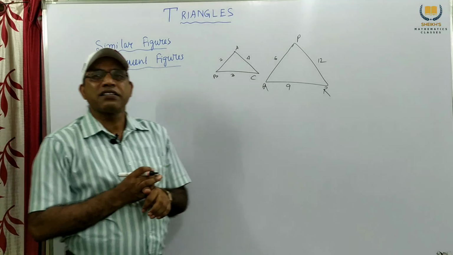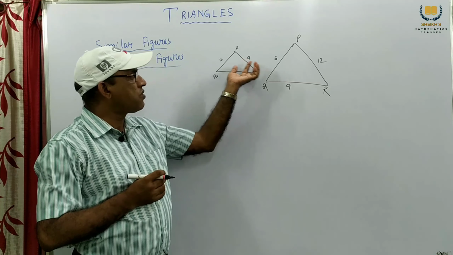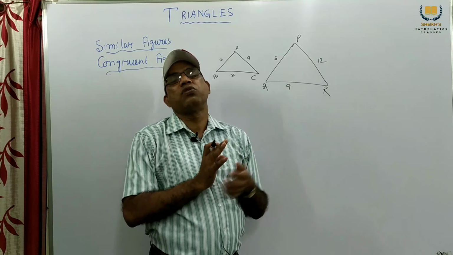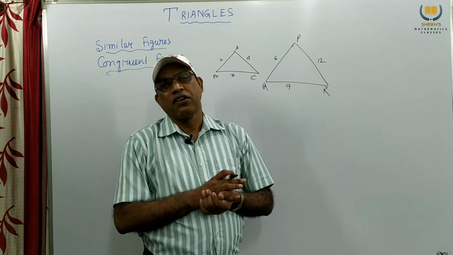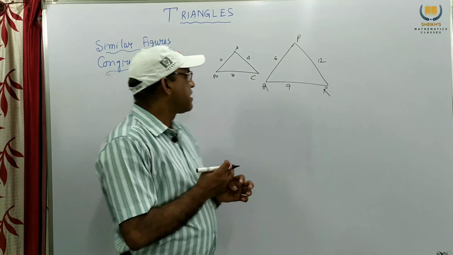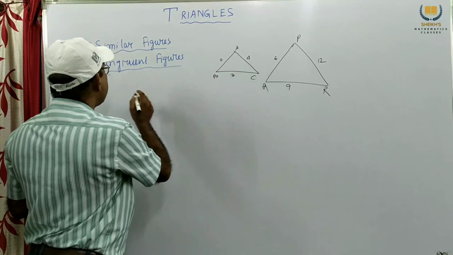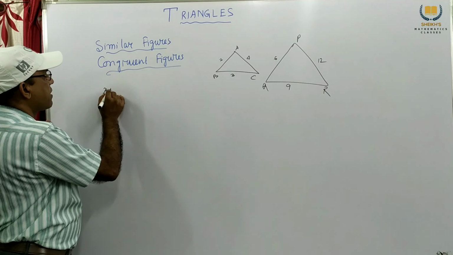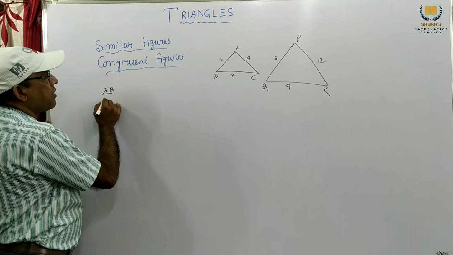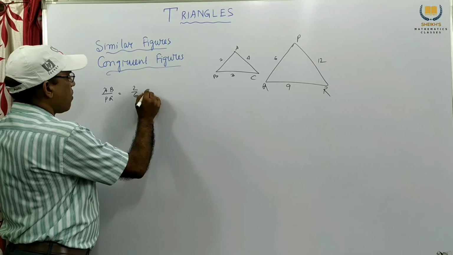So these figures, though this one is small, this is greater, these two are called similar figures. Why are these called similar figures? If we find their ratios, AB by PQ, this is 2 by 6, 1 by 3.